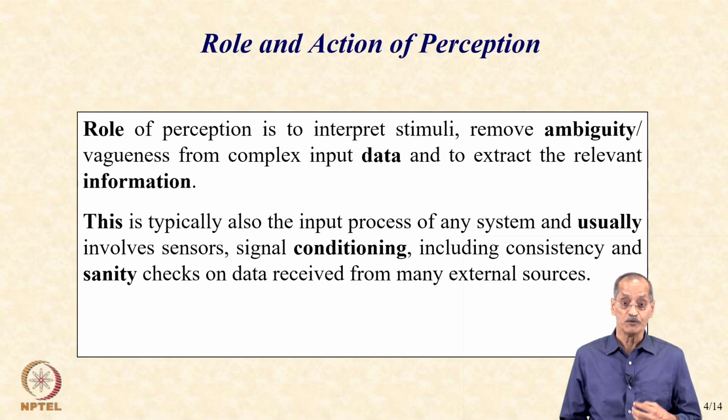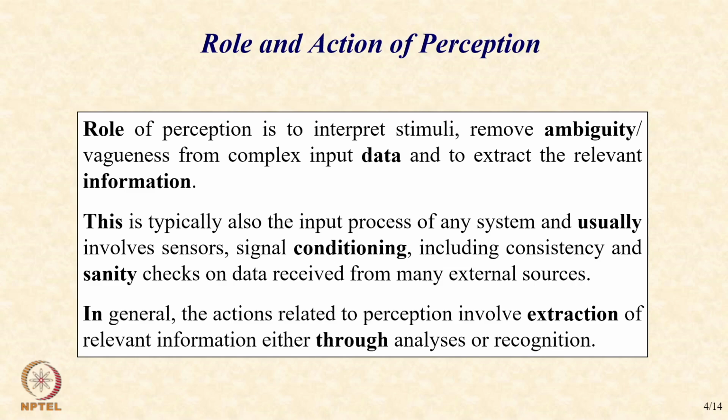So, when we open this up, perception is essentially the input process of any system involving sensors, signal conditioning, data checks, parity checks in digital systems, and sanity checks on data, saying whether this data makes sense or whether some spurious thing is coming which we are thinking of as data. The actions related to perception involve extraction of relevant information through either analysis or recognition. Sometimes it could be pattern recognition and things like that.